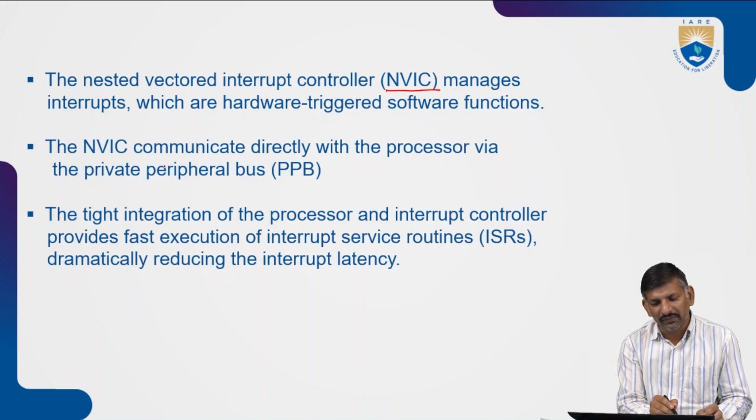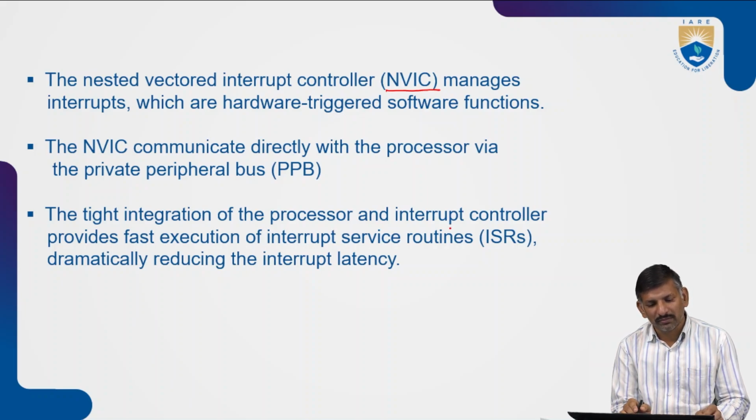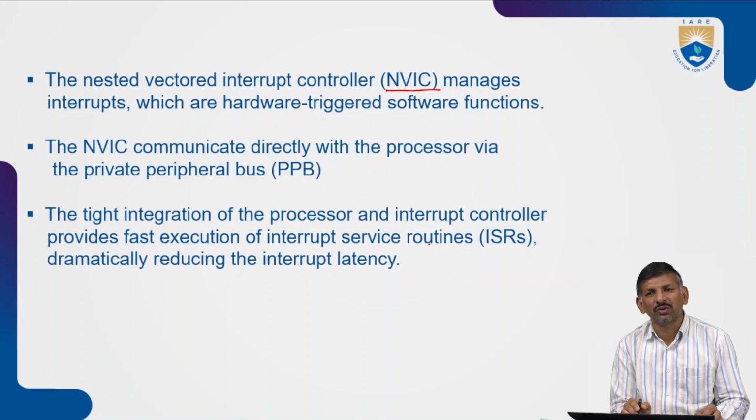It communicates with private peripherals by using the private peripheral bus. The tight integration of the processor and interrupt controller provides fast execution of interrupt service routines, dramatically reducing the interrupt latency.